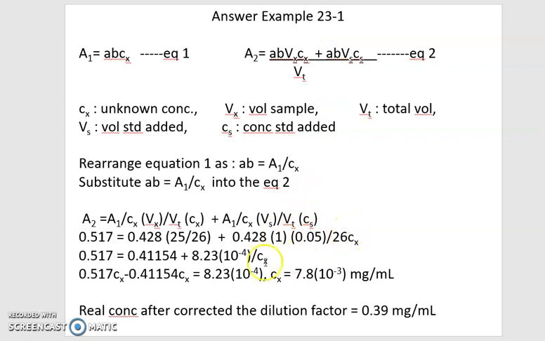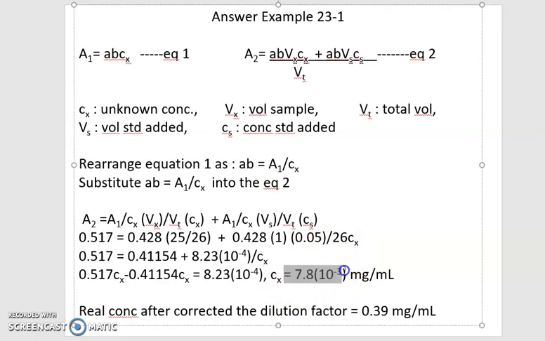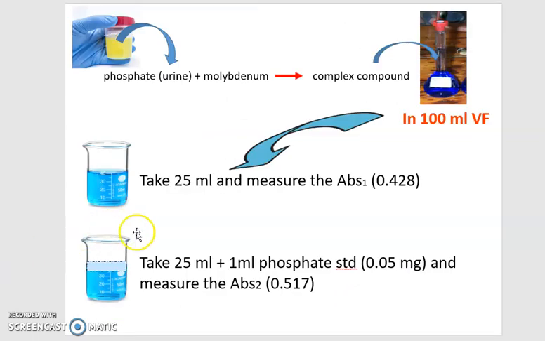Substitute the values into the equation. Finally we can determine the concentration of phosphate in the sample, which is this value. This value actually represents the concentration of phosphate in the 25 ml solution.